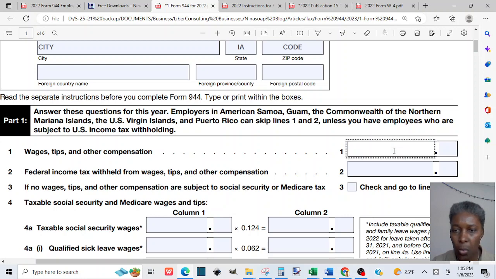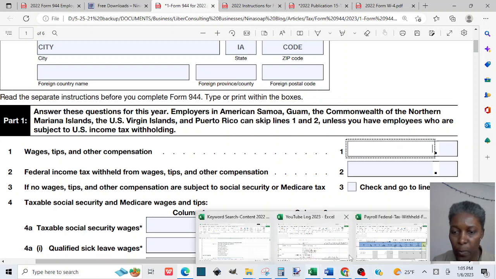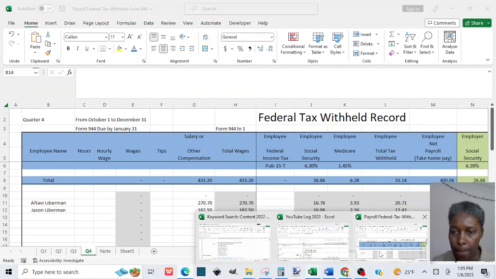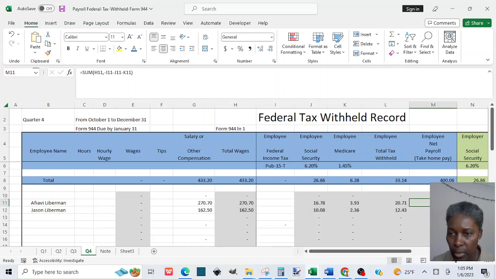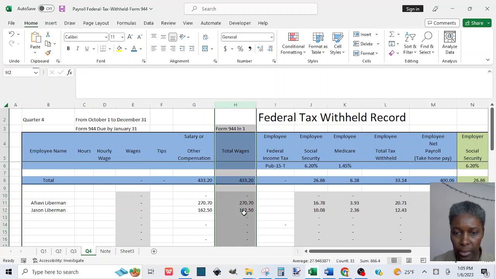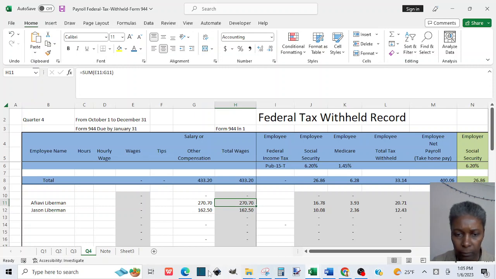So total wages on your payroll spreadsheet, that will be the total wages, the gross, and that's 433.20.